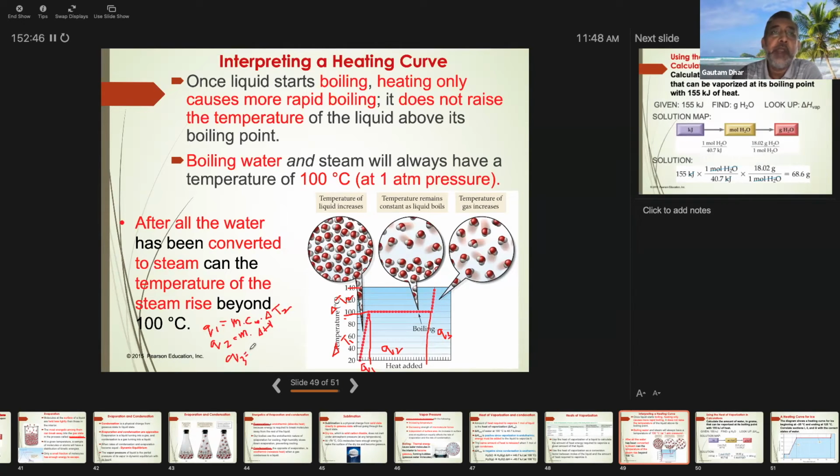So M multiplied by C of steam, and that multiplied by delta T2. So you have to always cut them into segments, and then add them.